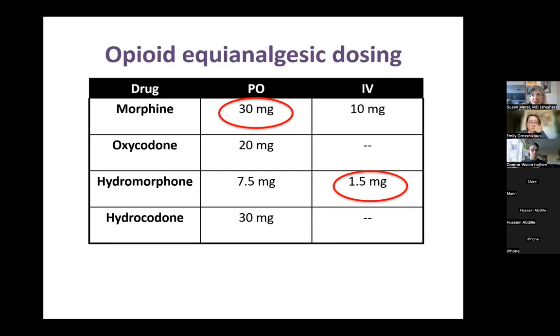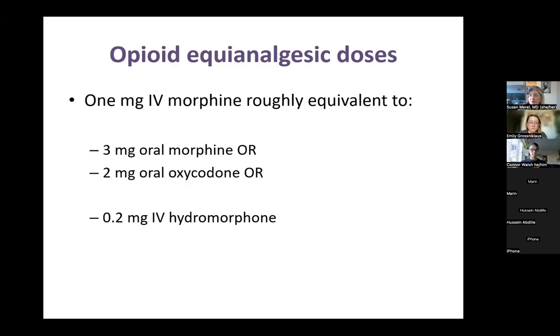A thing to remember is that hydromorphone and fentanyl, which is dosed in micrograms that I don't have on this chart, are more potent. It doesn't mean necessarily they're more dangerous. You shouldn't not use them. They're just more potent. So you should have in your head an idea of the relative potency. And when you're going from something else to hydromorphone IV, that should be a smaller number.